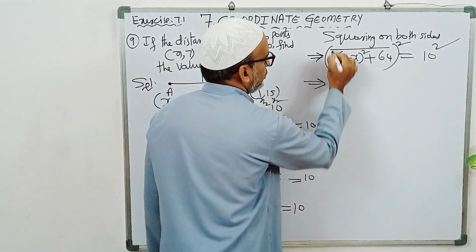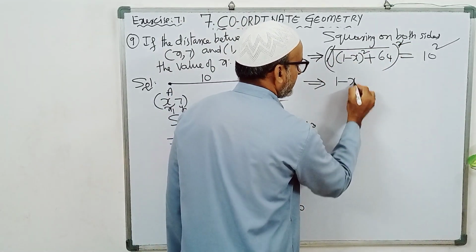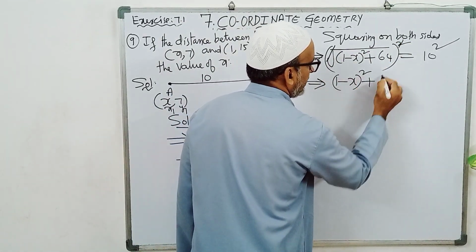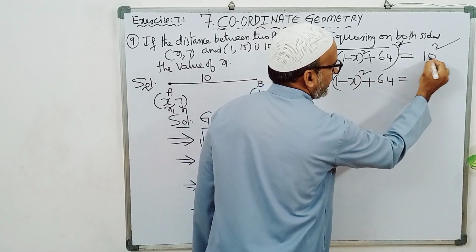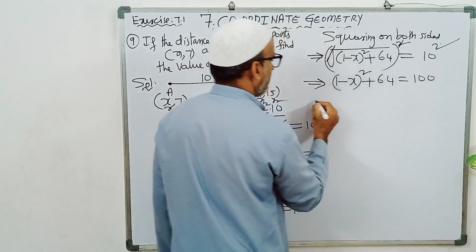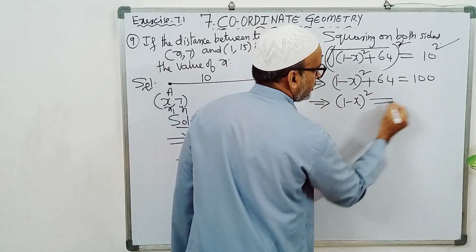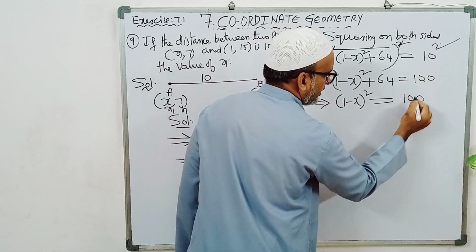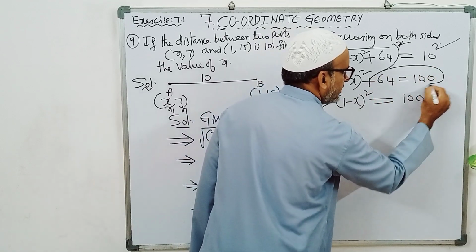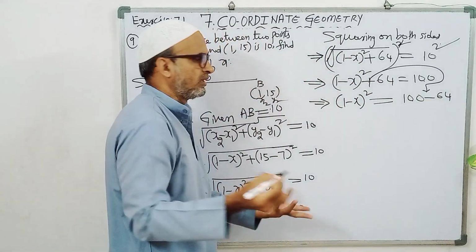Implies root and square cancel. What is left? 1 minus x whole square plus 64 is equal to 10 square. 10 into 10, 10 tens are 100. Implies 1 minus x whole square is equal to 100, this number plus 64 you take to this side, it will become minus 64.